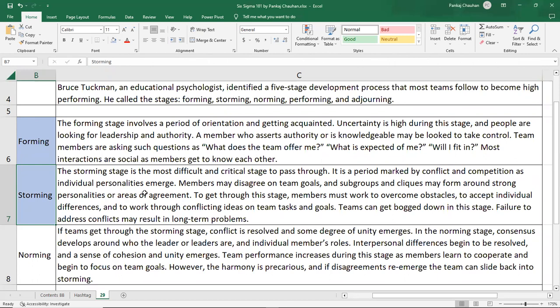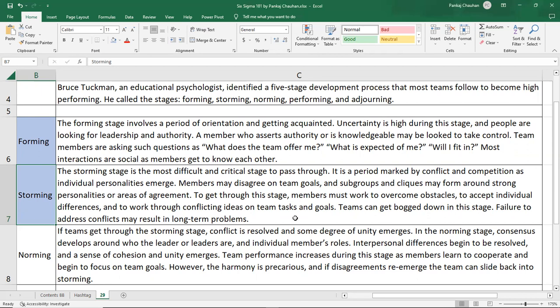Groups may form around strong personalities or areas of agreement. As they are creating a group, maybe somebody is really influential, so most of the team members will go and support that person. There may be another person, maybe something is positive, something negative. Sometimes one person is highly influential in some other area. So groups will be formed, which generally conflict with each other.